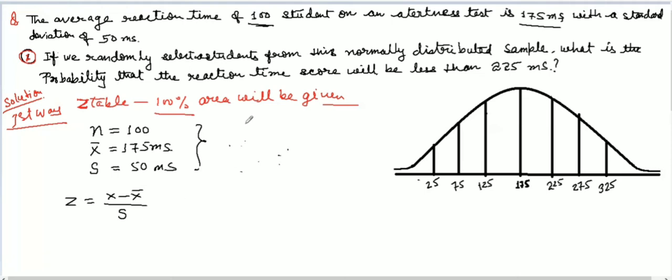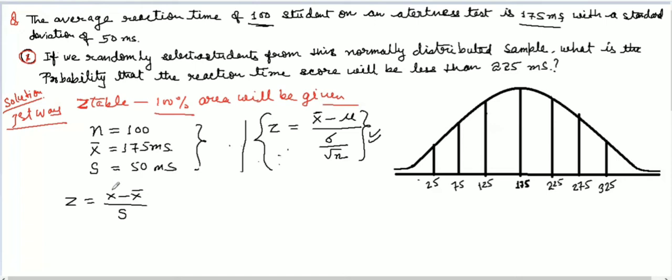When the population standard deviation and population mean are given, you have to use this formula: x minus mu over population standard deviation over square root of n, and here it will be x bar. I will explain this type of question in my coming videos.